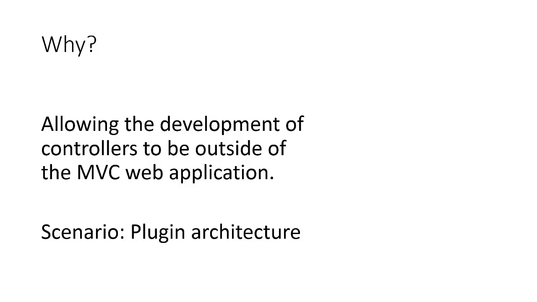Or, going a step further, you may be building an application where your controllers don't all live in your MVC app. This allows you to do development of controllers outside of your MVC application, which gives you the capability of building plugin architectures.